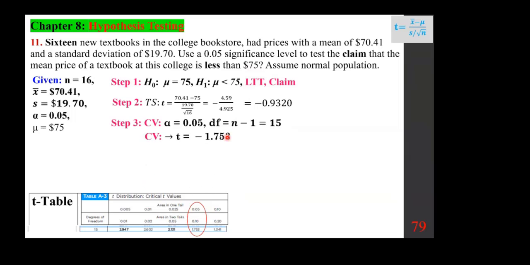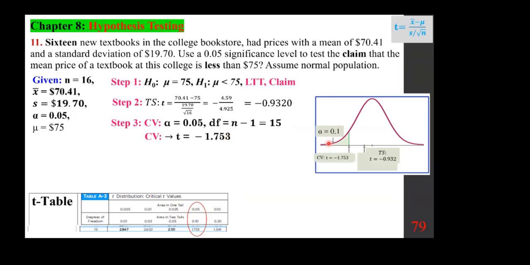This is the limitation of a table, the numbers that they give you. So look at the graph. Alpha of 0.1 resulted in a critical value of negative 1.753. If I'm going with the traditional method, I am comparing this number to the test statistic, which is negative 0.9320 here.